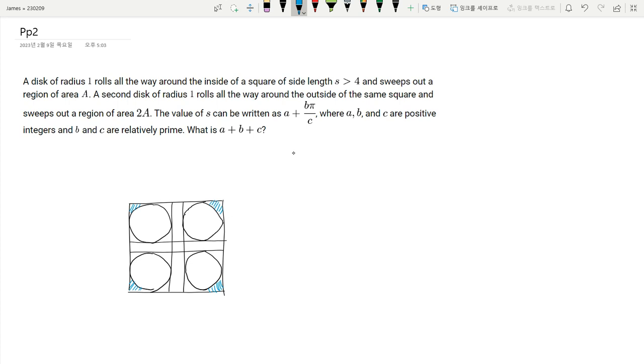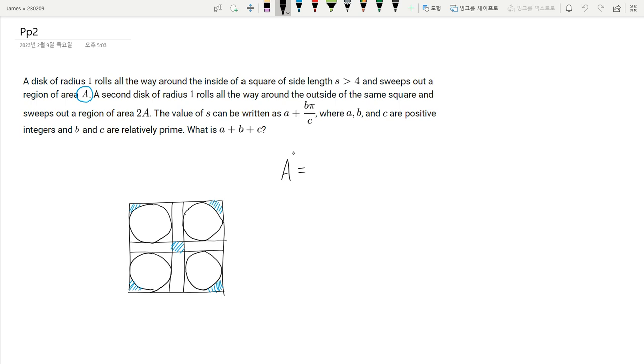And in the middle, this region is also not touched by the disk. So for this area, we need to subtract this untouched area from the total area of the square.